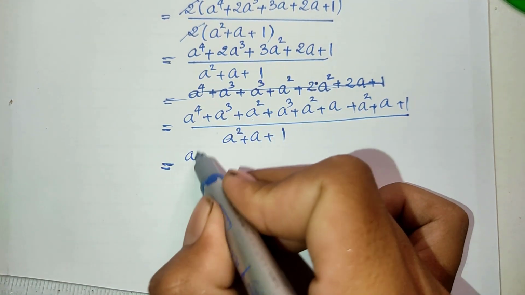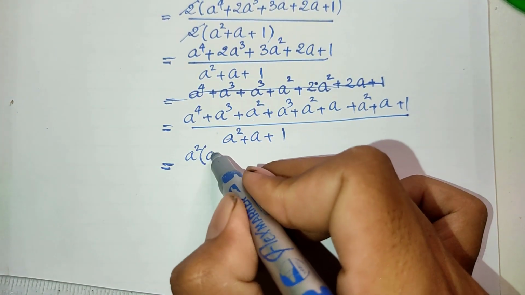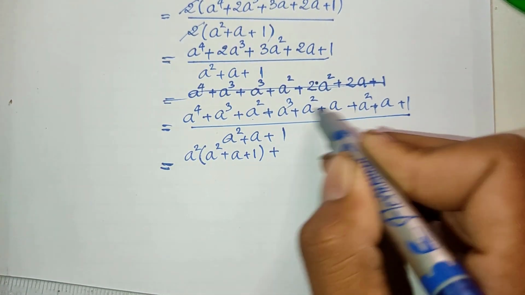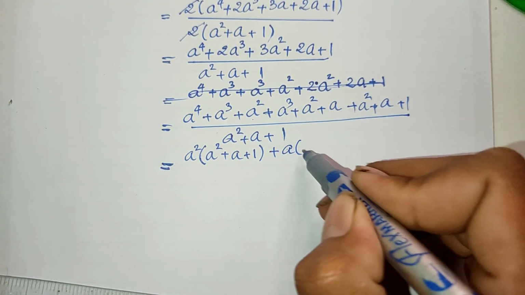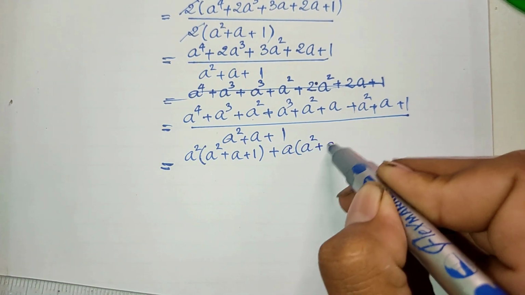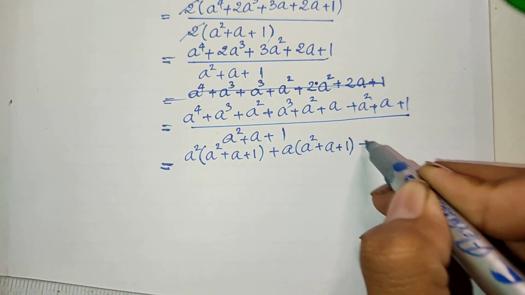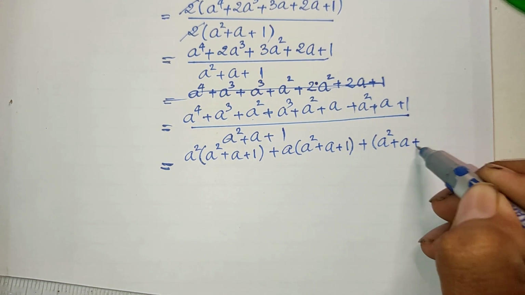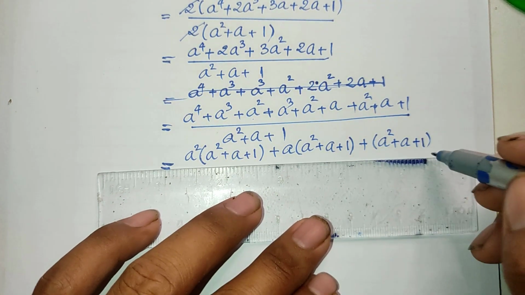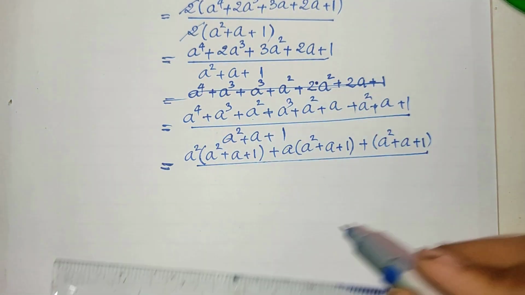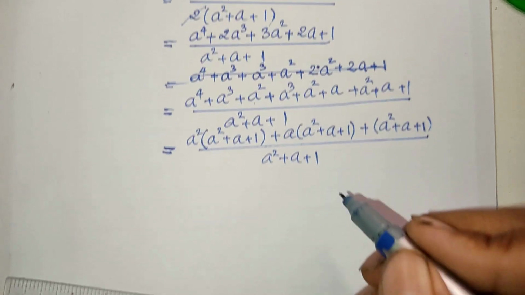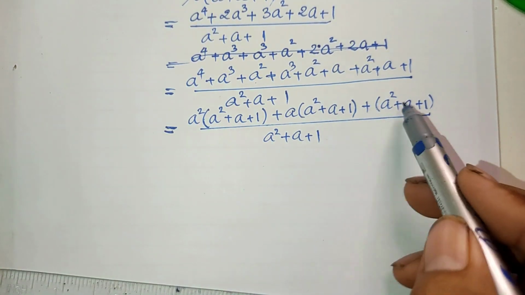We take a squared out as a common factor, we get a squared plus a plus 1, plus we take a out as a common factor, we get a squared plus a plus 1, plus we get a squared plus a plus 1, divided by a squared plus a plus 1. You see, they are the same.